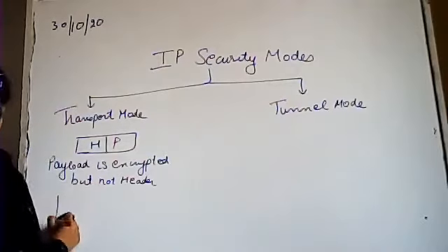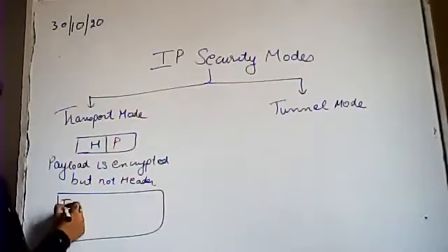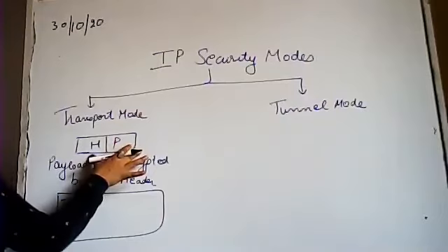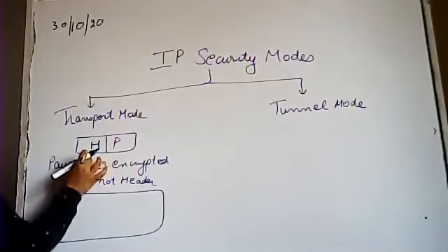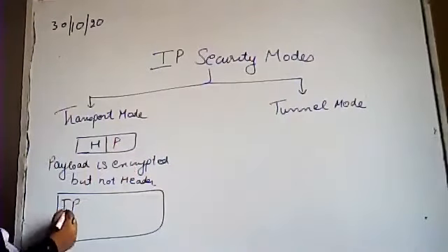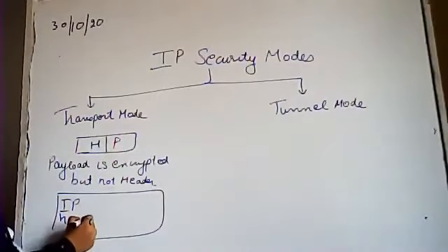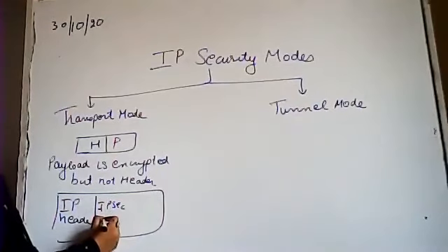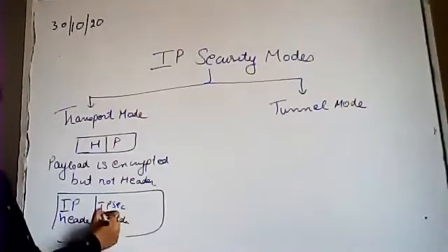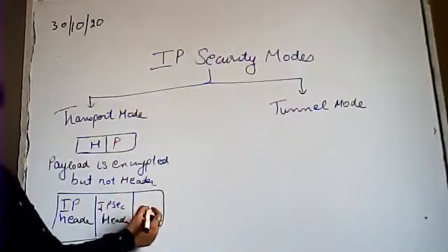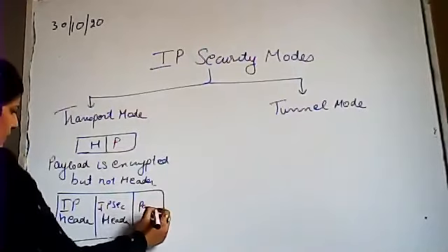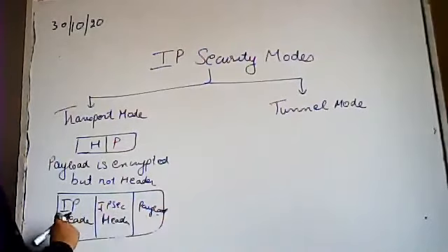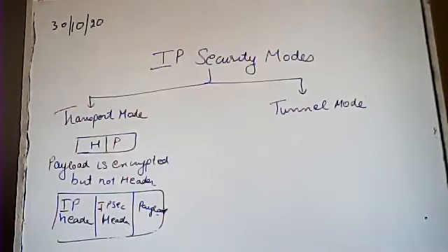Okay, so how will the original come to us? Like we have an IP header over here. In what form is our original packet? One we are having the header part, another we are having the payload part. So the IP header is there. Then we have the IPsec header, the security header we have included, and we have the payload part. We have put our security part here.